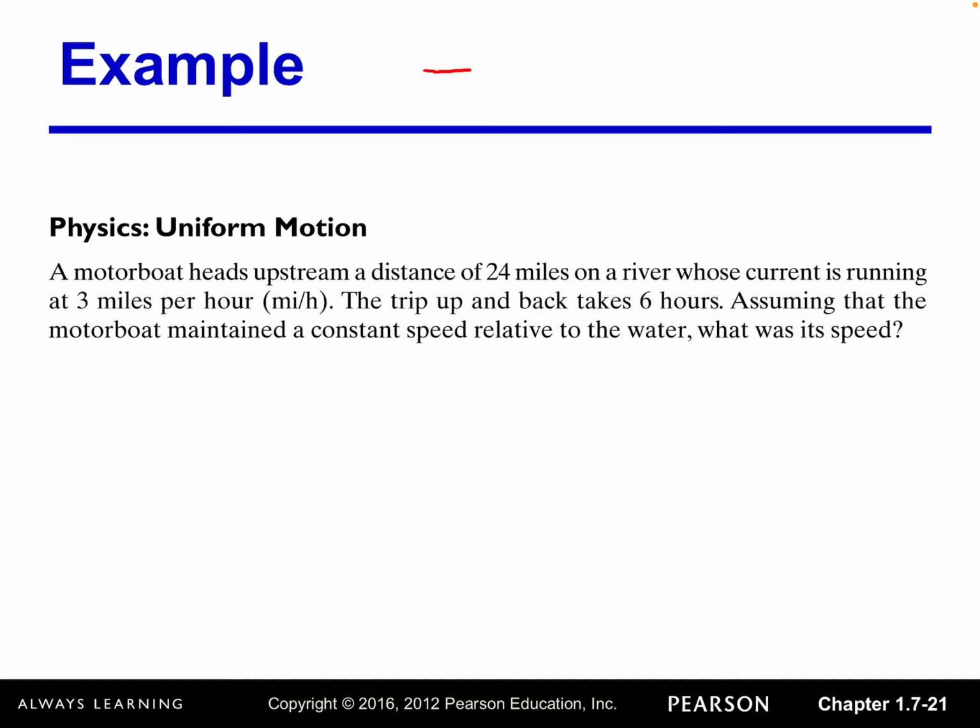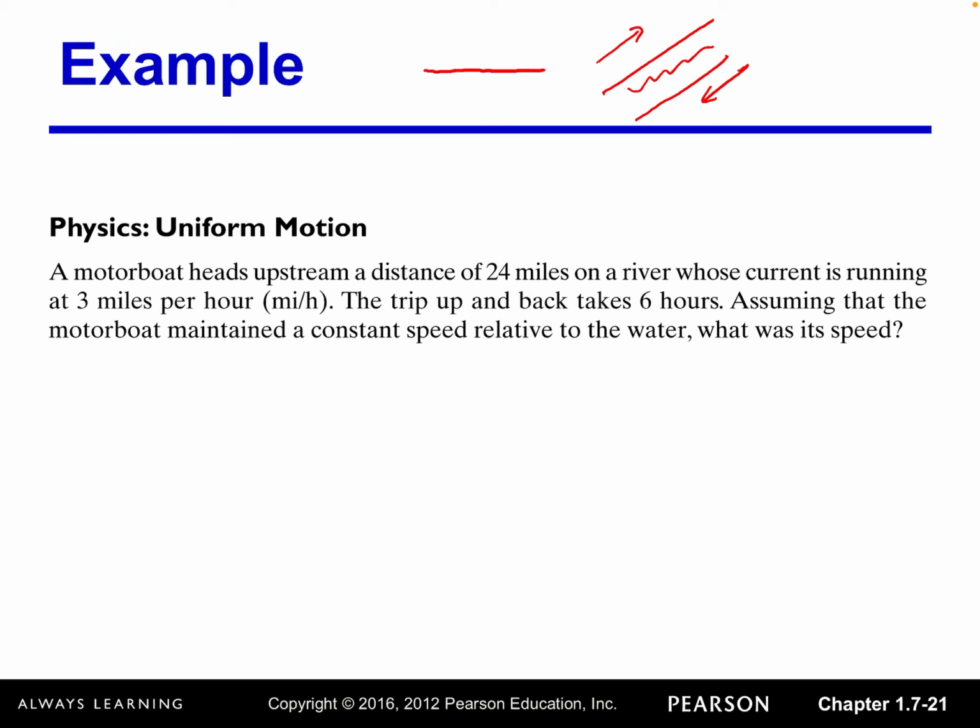If the river is flat, let's say horizontal, and the water is just still, not moving at all, then the motorboat travels at a constant speed relative to the water. But if the river has a little level change, the boat can go upstream, and the boat can go downstream.